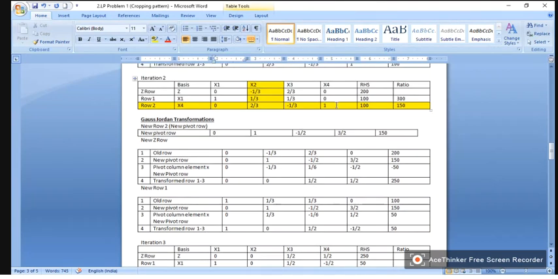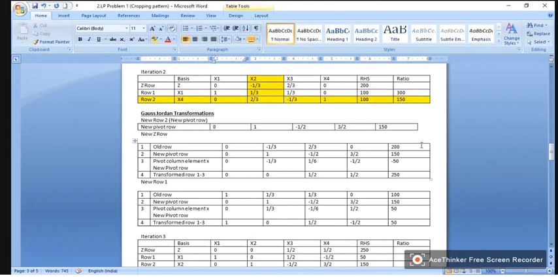So this will become 3/2 and this will become 150. 100 divided by 2/3 means 150. Okay. Vishwanath, spend some time on how to. If all of you spend 2 minutes of time.